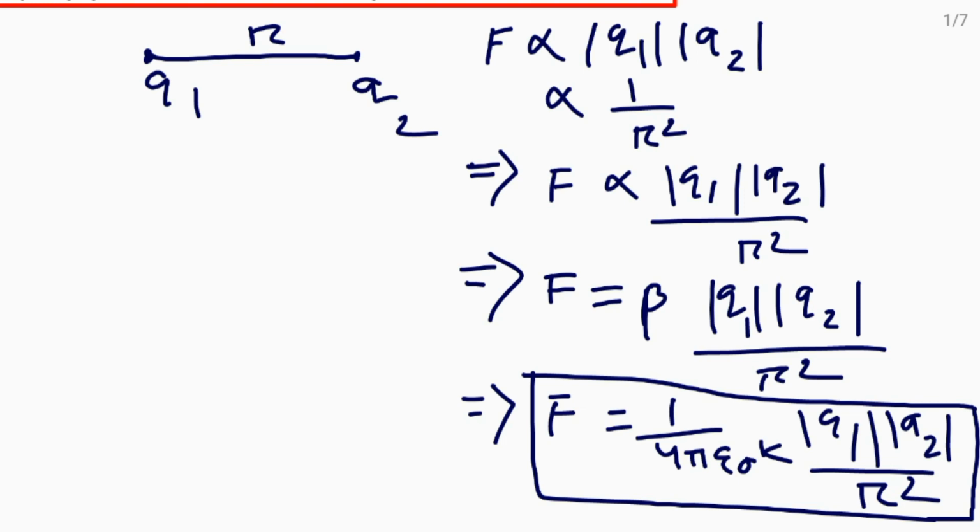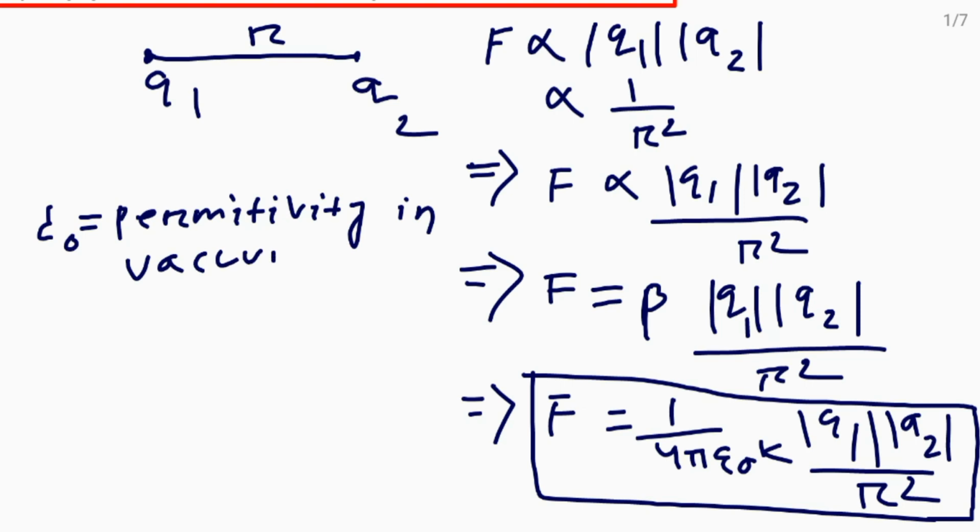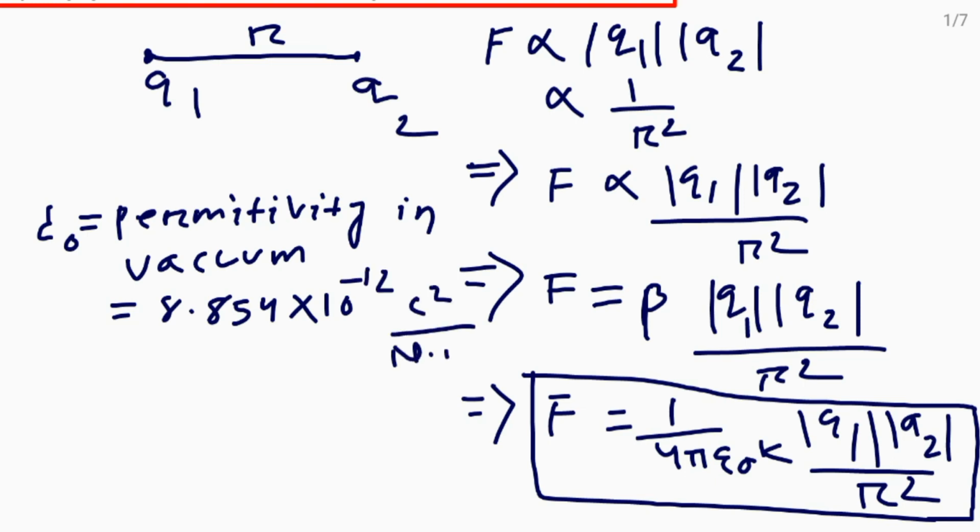epsilon is permittivity in vacuum, which has the value 8.854 into 10 to the power minus 12 Coulomb square by Newton into meter square, and K is what?